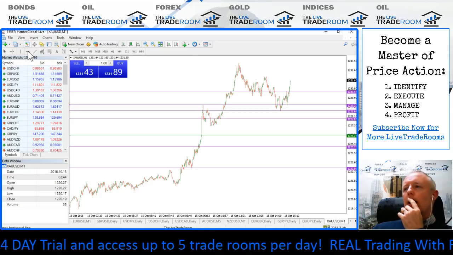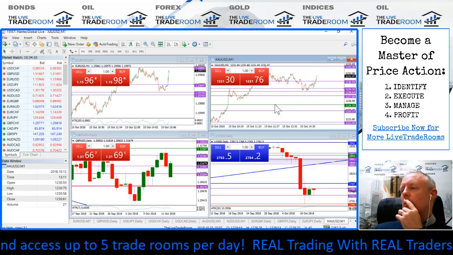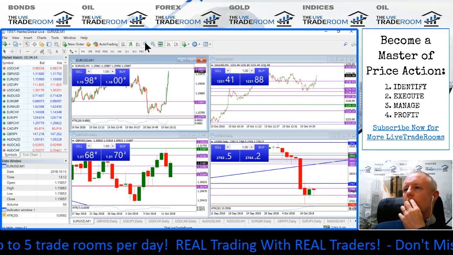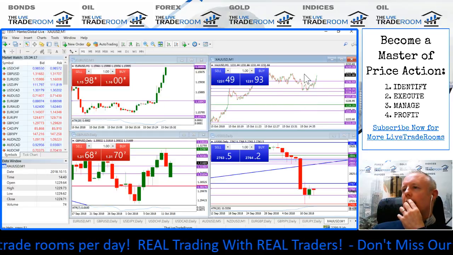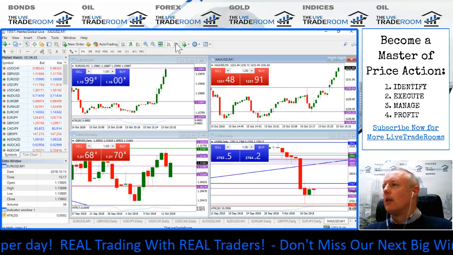So I'm just looking at these levels just once more. You can zoom in so you can see how this price is just interacting with those levels.